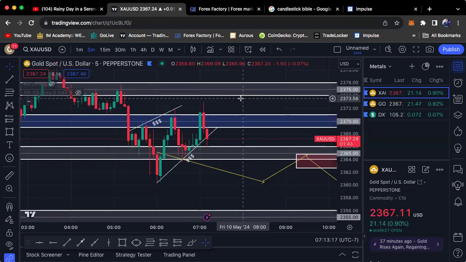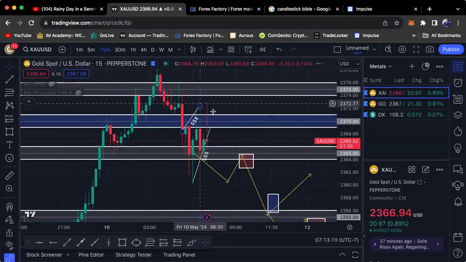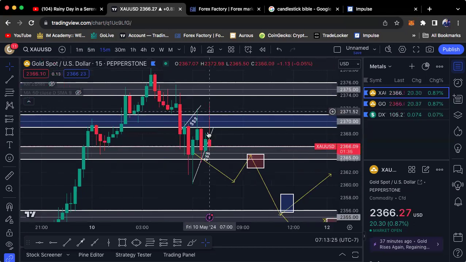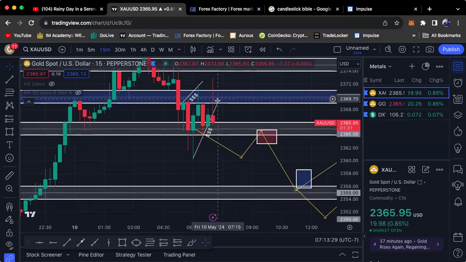Be patient, guys. Wait for the 15-minute mark to end. We still have less than a minute on this 15-minute candle to see where price is going. And it seems like price is going to break below this zone here.